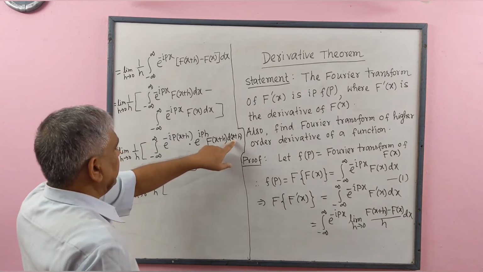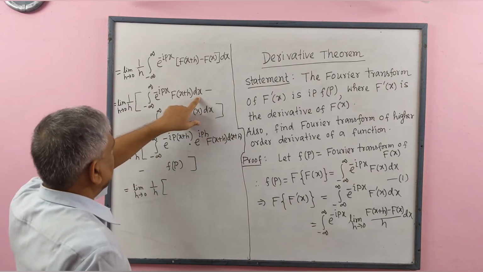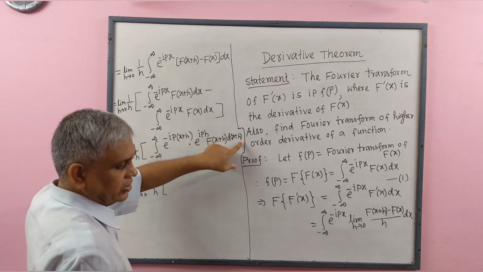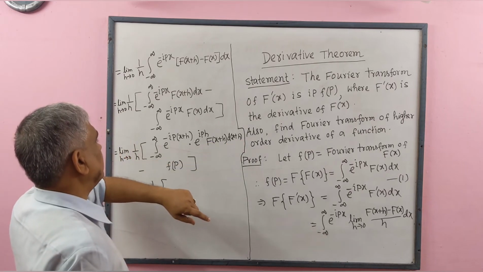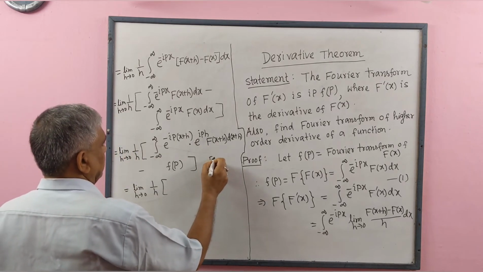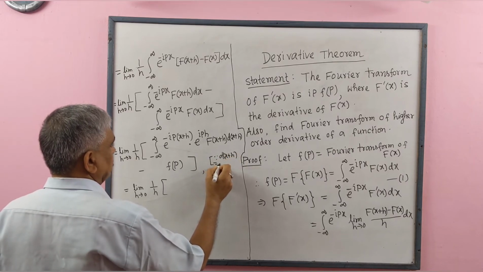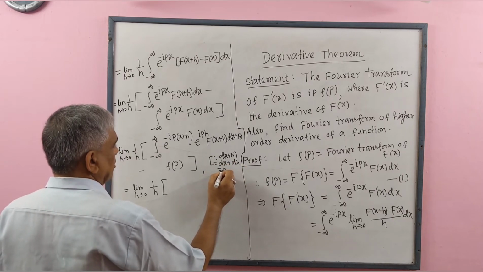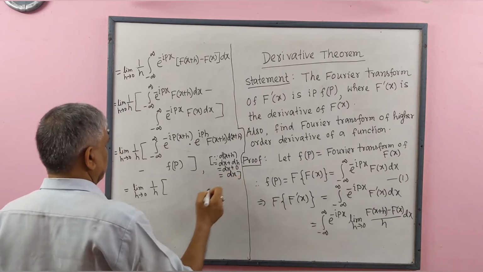As we have written here d(x plus h), but we have only dx. Since d(x plus h) means dx plus dh, h is constant, so dh equals 0. So here d(x plus h) equals dx plus dh, equals dx plus 0, equals dx.